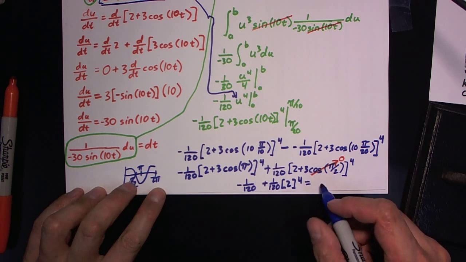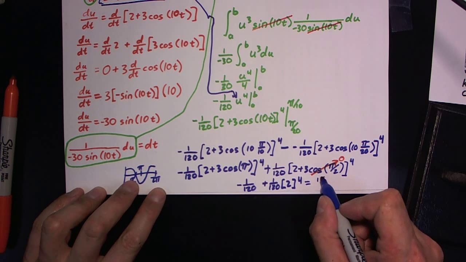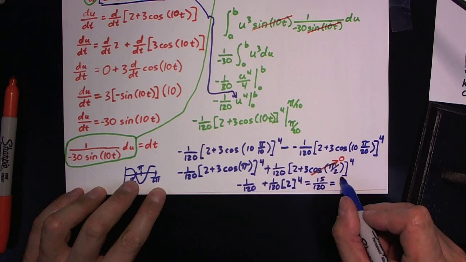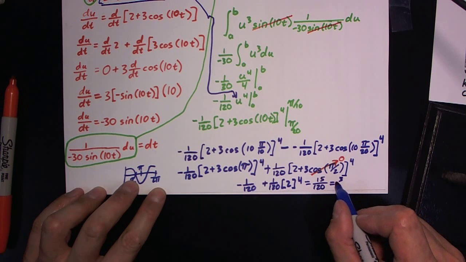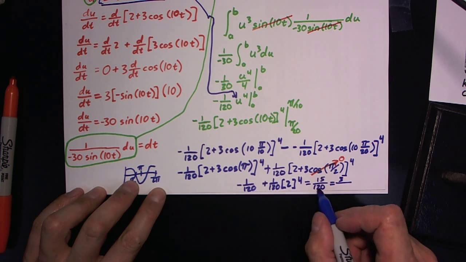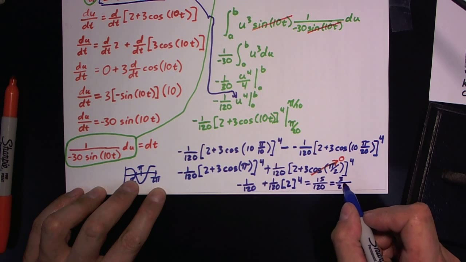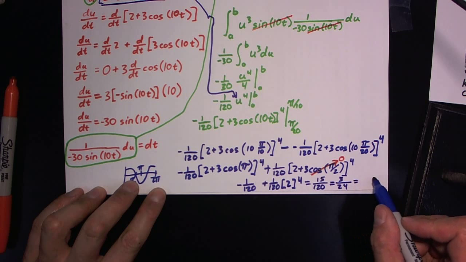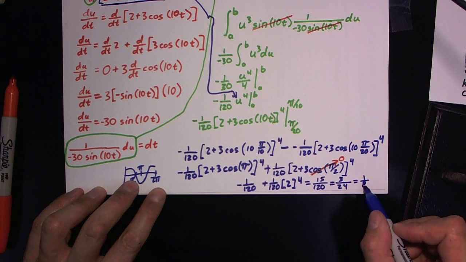Okay, so this is going to be 15 over 120, which is divide top and bottom by 5, so that's going to be 3 over 24, is that right? Yeah, 24, okay, divide top and bottom by 3 again, so that's 1/8.